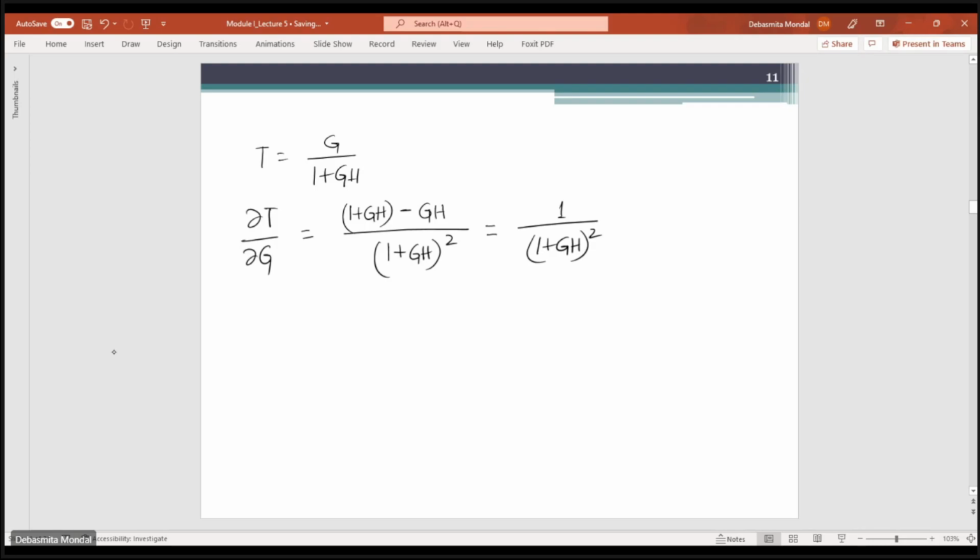You just have to do the differentiation. Since we are dealing with the partial derivative, we assume only G is varying.